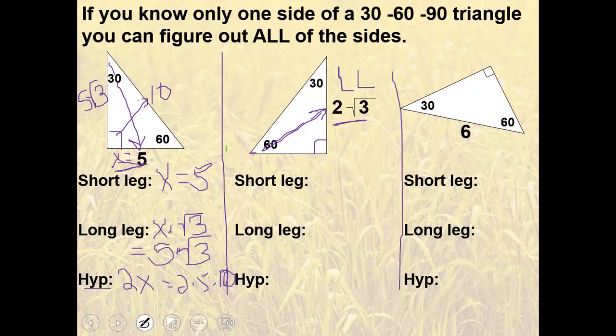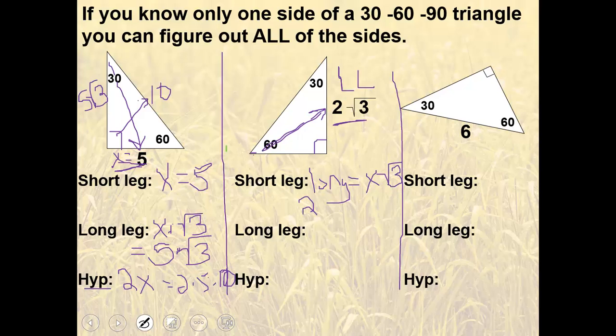Well, I back into it using my long leg. My long leg is always my short leg, which is x, times the square root of 3. What is my long leg? Plug in.